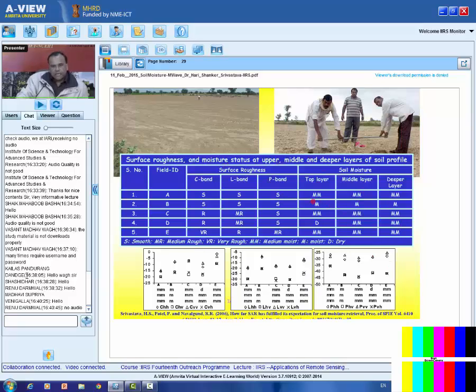This slide is showing, in a very broad way, that if we have longer wavelengths and at the same time a combination of bands, low, medium and long wavelengths, then we can have an idea about the soil moisture status in the complete soil profile.